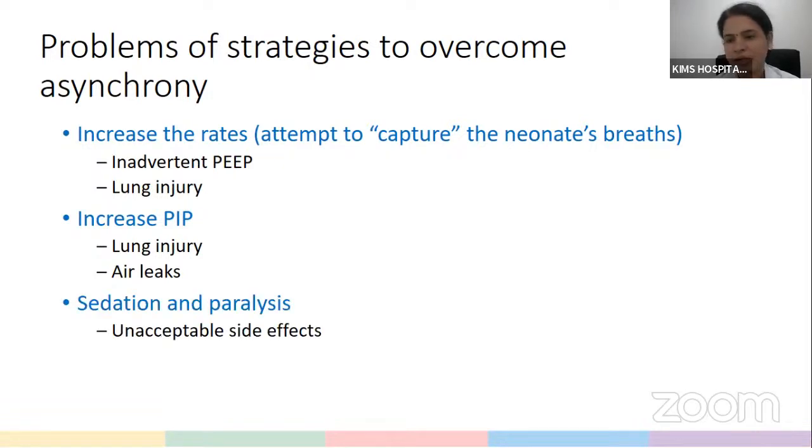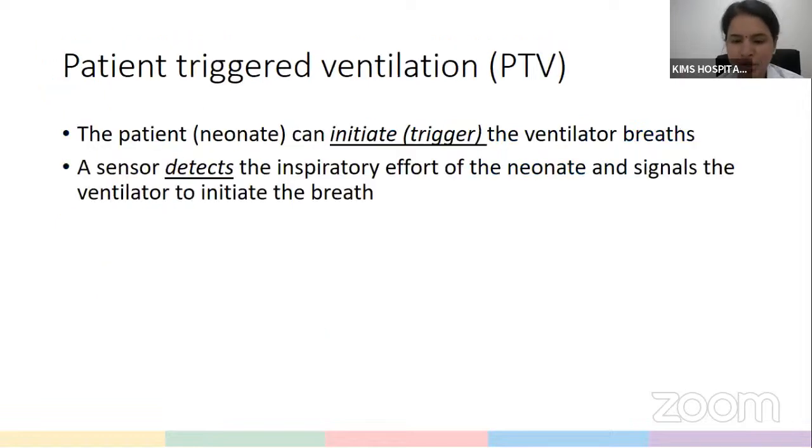And lastly, we sometimes resort to sedation with drugs like midazolam and paralysis, sometimes with atracurium, in order to overcome asynchrony, which also comes with unacceptable side effects such as hypotension and respiratory depression. So the strategies to overcome asynchrony while remaining on IMV come with a lot of problems, either in the form of increasing rates, increasing pressures, or using sedation or paralysis.